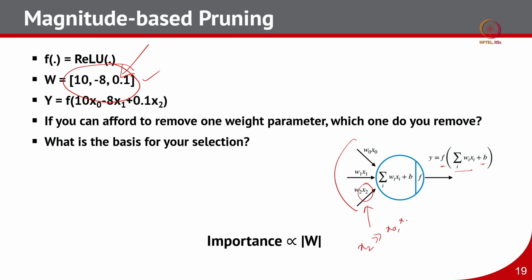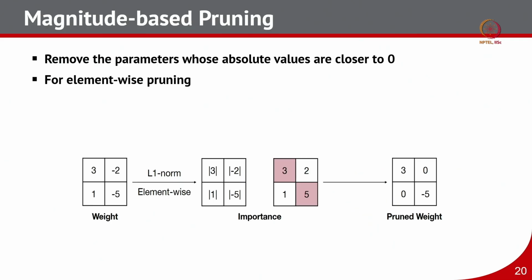So that is why we cannot remove W2. But if we just have visibility to weights, then we can devise a technique where the importance of a weight is the absolute value of the weight, and we prune the weight which has the least absolute value. So that is magnitude based pruning.